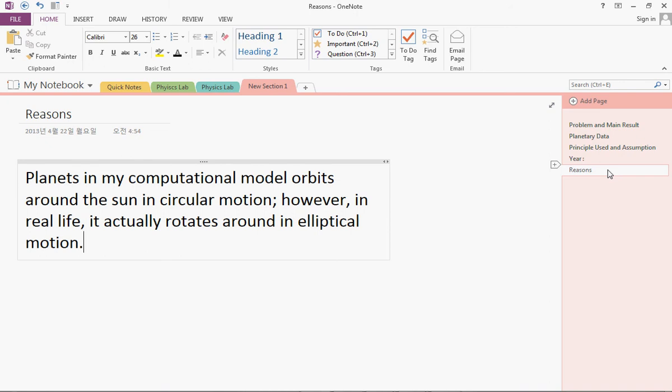And second of all, it does not rotate in a circular motion. It actually rotates in an elliptical motion, but if you see my computational data, it rotates in a circular motion, right? And from there, I believe that there will be an error between the real data and my computational model.